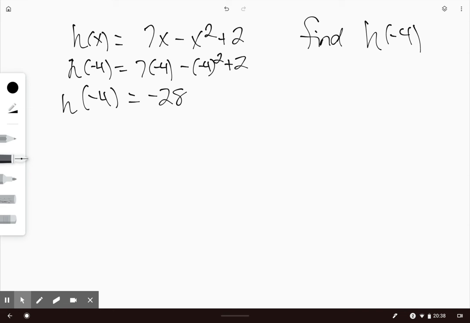Now, what you need to be mindful of here is I have a minus symbol and negative 4 squared. So negative 4 squared means negative 4 times negative 4. So that's going to be a positive 16. However, I still have that minus symbol there. So that's actually going to be negative 28 minus 16 plus 2.